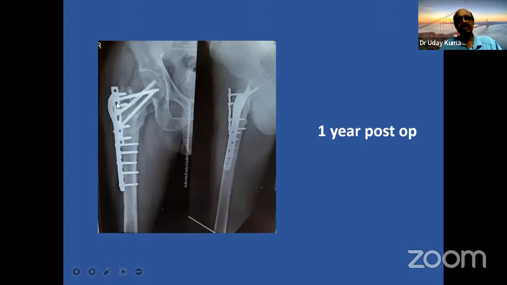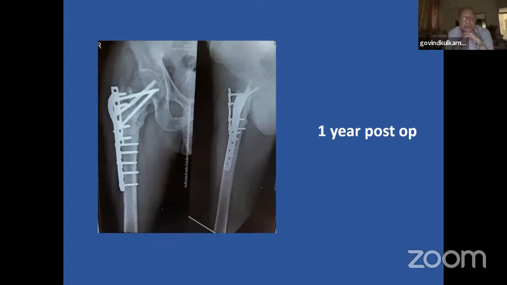Our experience with a blade plate is not so much in our part of Bangalore. The other option would have been to put a long nail, correct the varus, and then go in with this. This is a little different type of technique which we did, and so far we have been successful. We have done about 5 to 6 cases in this method.